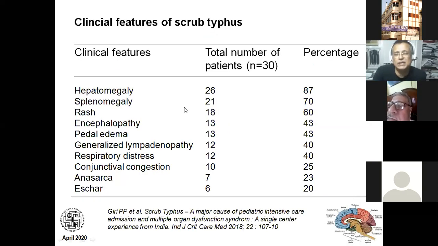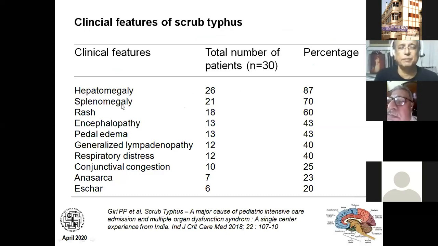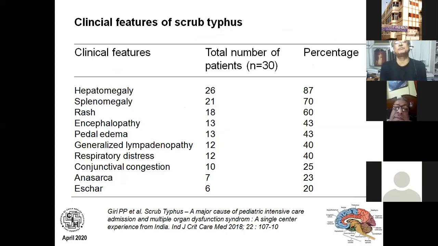And ultimately, the principal presentations of scrub typhus are hepatosplenomegaly, rash, encephalopathy, generalized edema, generalized lymphadenopathy, and respiratory distress. These are the common presentations of scrub typhus. To diagnose scrub typhus, there are no pathognomonic signs and symptoms.